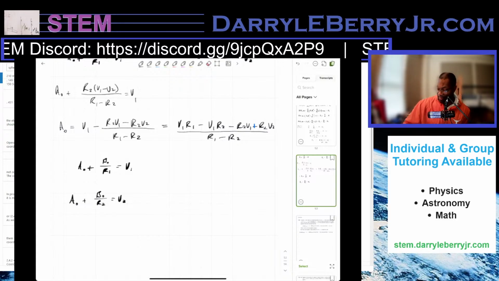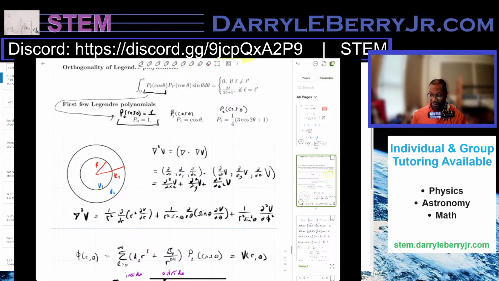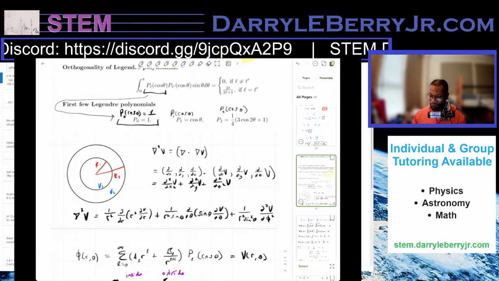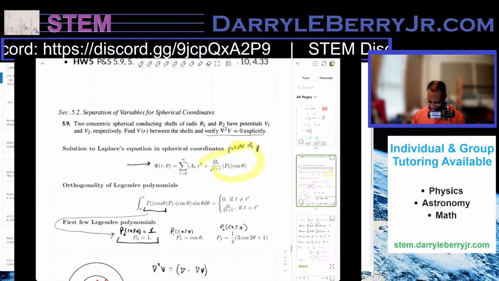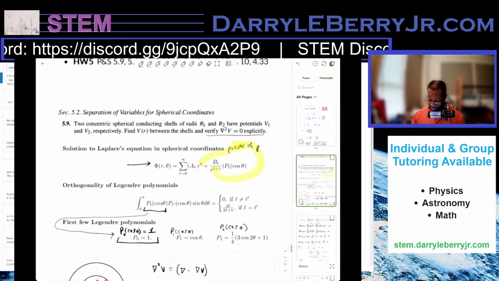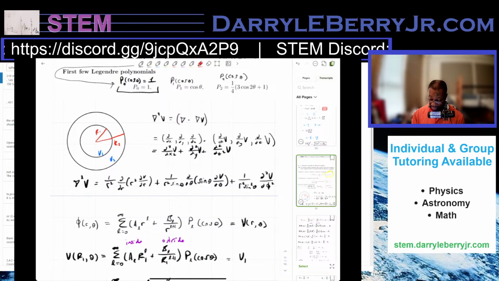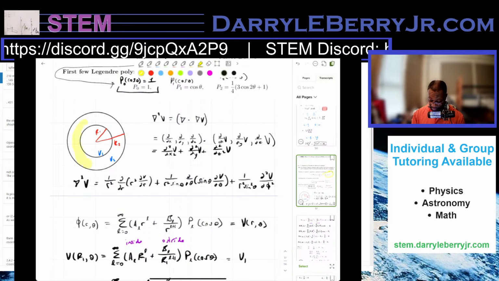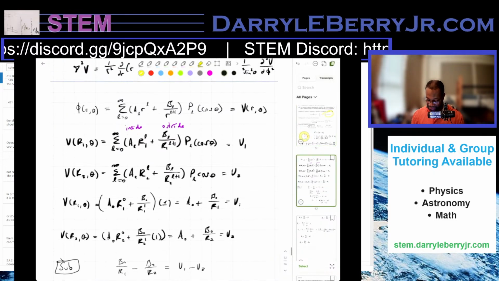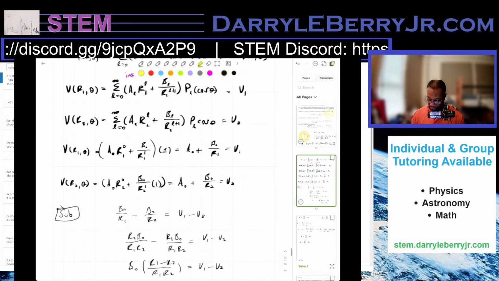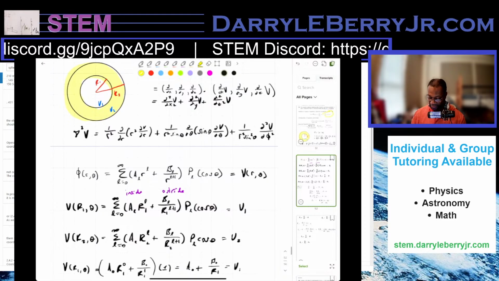So what that means is we have two conducting spheres, two conducting surfaces, and we want to get the potentials between the shells. So in that case, we have to do a Laplace equation for each for R1, R2. Use the Legendre polynomial.